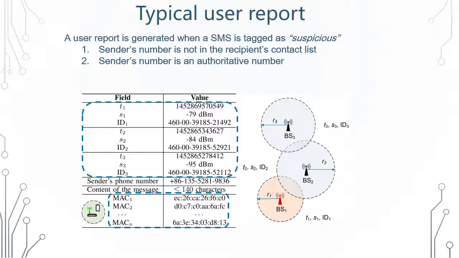All these user reports are generated every time a particular SMS is tagged as suspicious. The paper defines suspicious here as a message which arrives from a sender who's not in the recipient's contact list, or whose number is not in an authoritative number list. Then it is tagged as suspicious, and a user report of this format is generated.